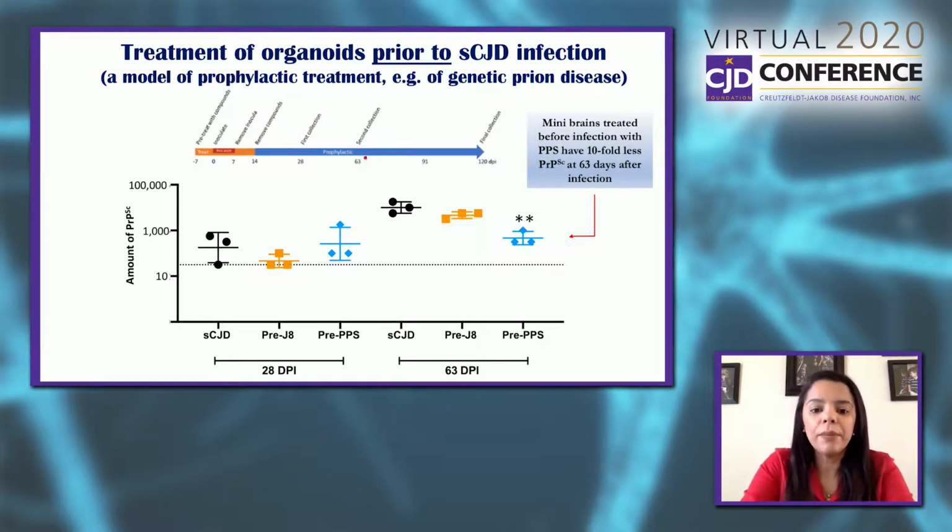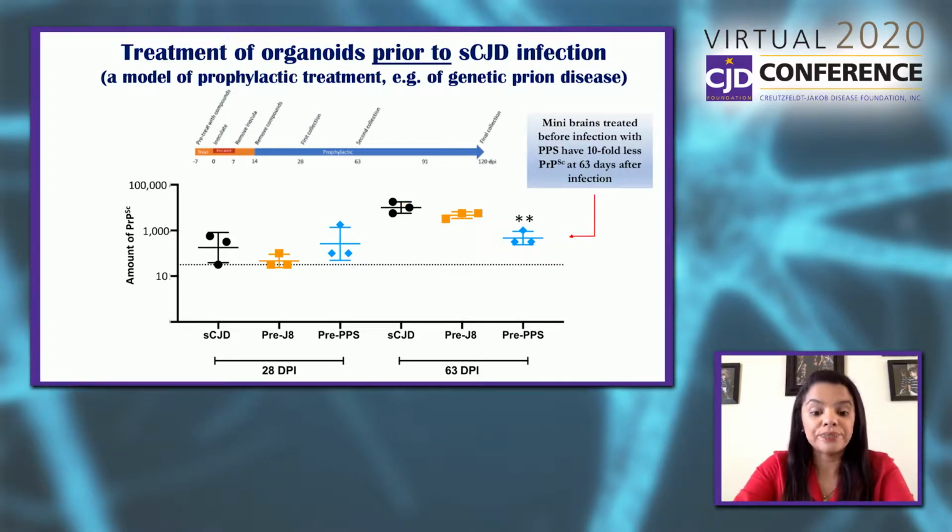But 2 months later, I saw that the mini brains which were treated with PPS had tenfold less PrPres compared to the untreated ones. The J8 inhibited a little bit, but it's not statistically significant.